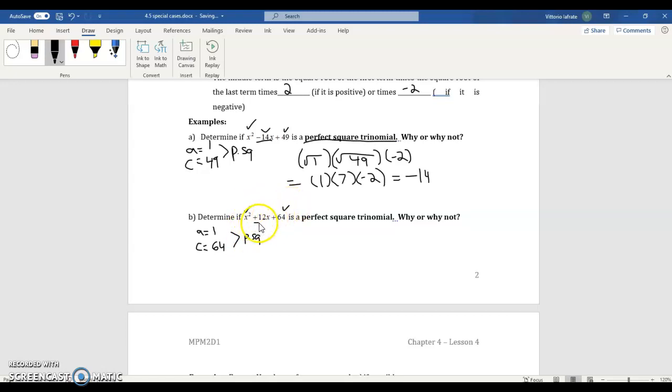But we need to see if the middle term is actually the square root of a times the square root of c times positive 2. It's positive in this case. So let's see if that's the case. Let's take the square root of 1, multiply it by the square root of 64, and then multiply that by 2.